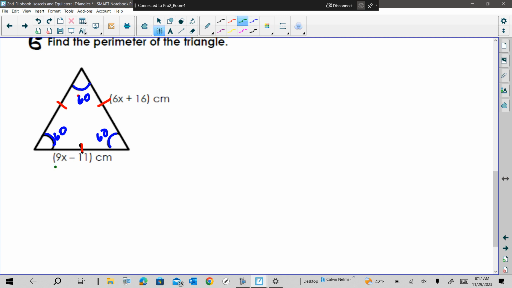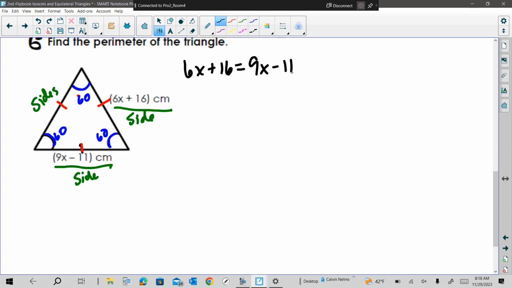Because what does this represent? Base. Okay, and what does this represent? A side, okay. The base is also a side, right? So what do we know about all the sides? They're congruent. So our equation would make the two sides congruent because they're all congruent.